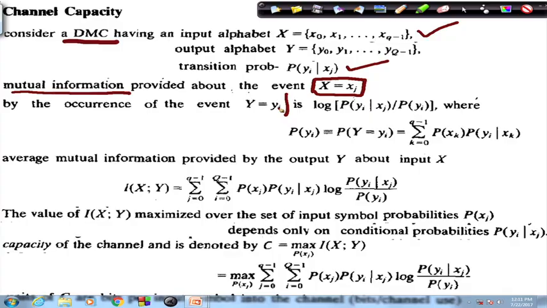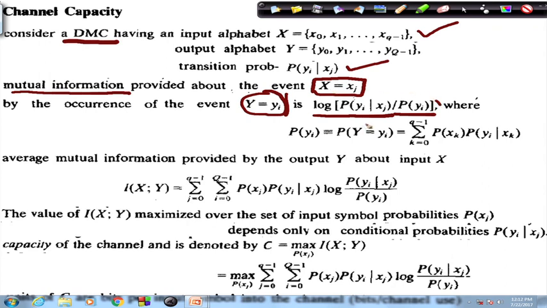What we have is given by the expression log of p(y_j | x_i) upon p(y_j). So this is x_i, this is y_j. For an output that is observed, one of the outputs is observed, what is the mutual information with a particular source symbol.